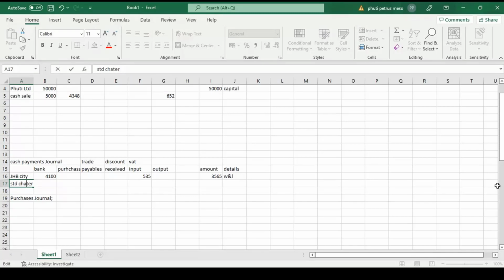Quickly, anybody with an idea? We don't have the question, so I'm not sure where you're supposed to get the amount from. No, the question says that Putti Limited has paid Standard Charter an amount of 4,100 rand. 4,000? 4,100 rand. 4,000 will go under bank.